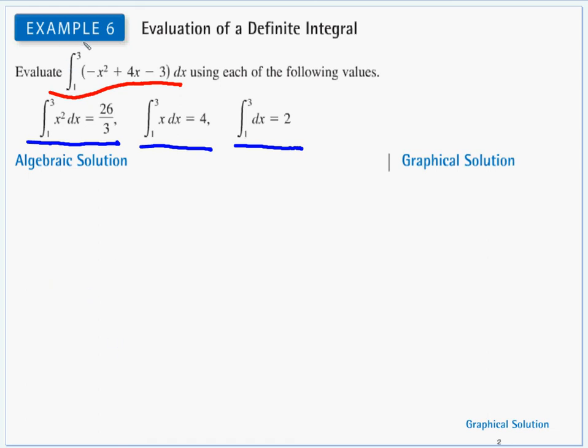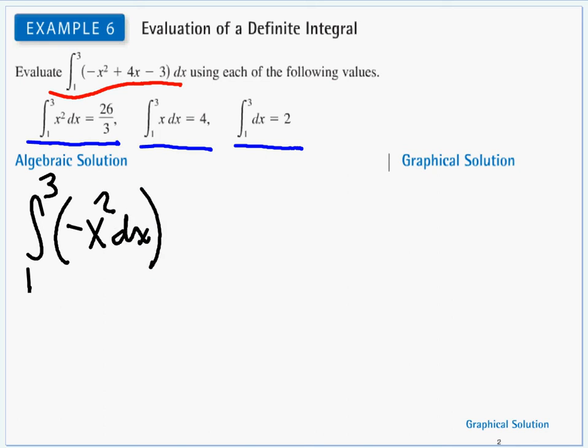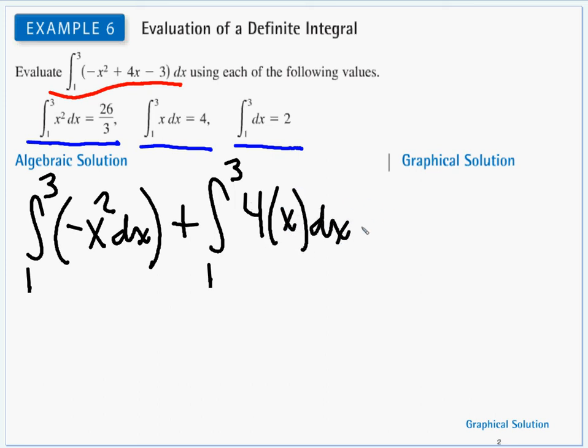So first, let's distribute that integral symbol. So we're going to go from 1 to 3 of negative x squared dx, and then plus the definite integral 1 to 3 of 4x dx, minus the definite integral 1 to 3 of just 3 dx.